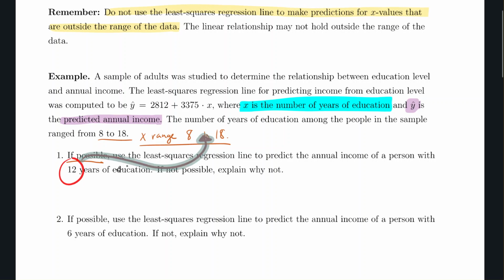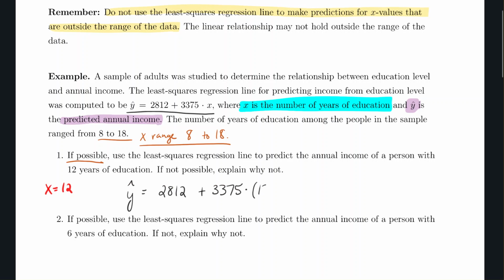All we have to do is say x is 12. Then in our least squares regression equation, we have the predicted income y hat is 2812 plus 3375 times our x value of 12, which will give us a predicted annual income. Here we'll type this into the calculator and we get 43,312.